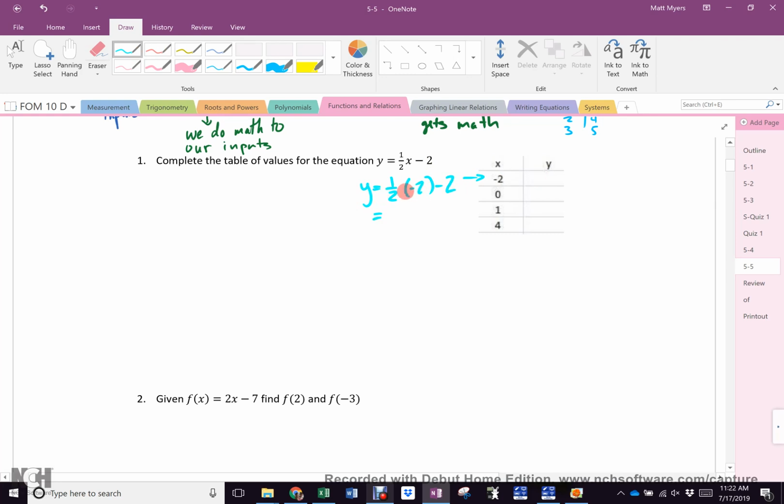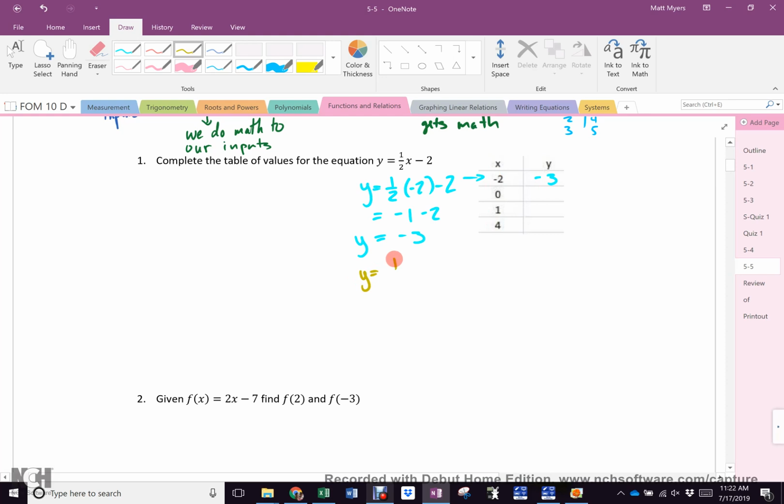What is half of -2? -1 minus 2. What is -1 minus 2? -3. So y would equal -3. And then we would do the same thing with all of them.